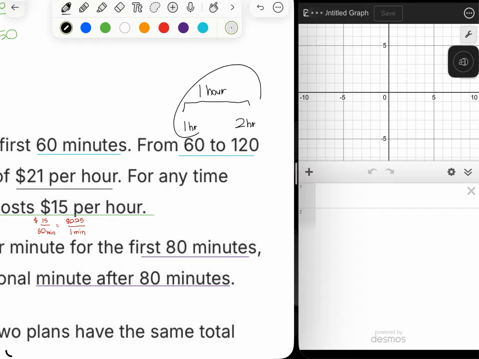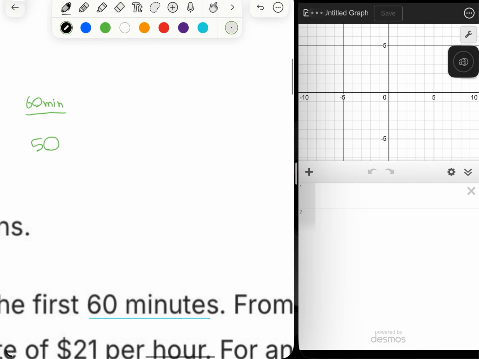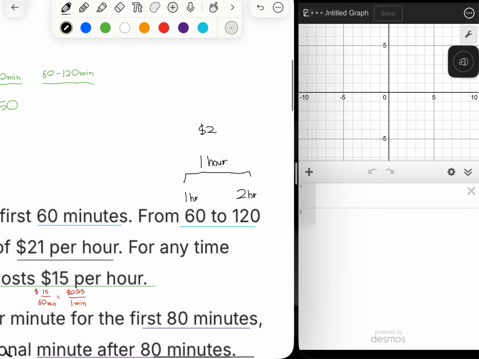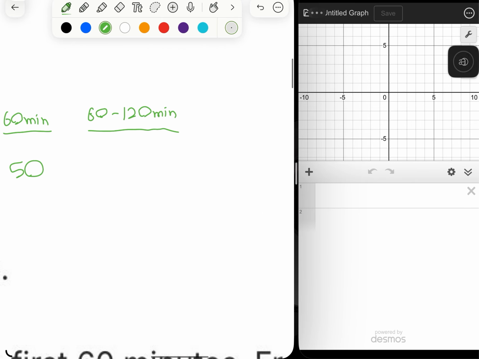In that 1 hour, you gain $21. So from 60 to 120 minutes, you gain an additional $21.